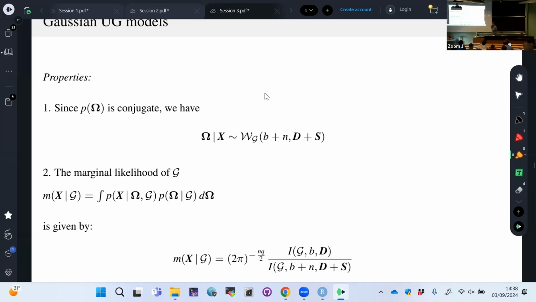Second, the marginal likelihood can in principle be written as a ratio of prior and posterior normalizing constants, up to this term coming, as usual, from the likelihood function. The only problem is that we cannot evaluate analytically the two normalizing constants.